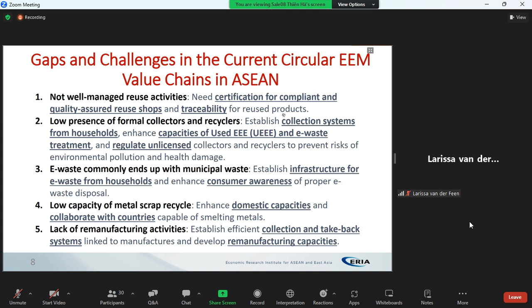We need to enhance domestic capacity and collaborate with countries capable of smelting metals. The fifth one is the lack of remanufacturing activities. We need to establish an efficient collection and take-back system linked to manufacturers and develop remanufacturing capacities.